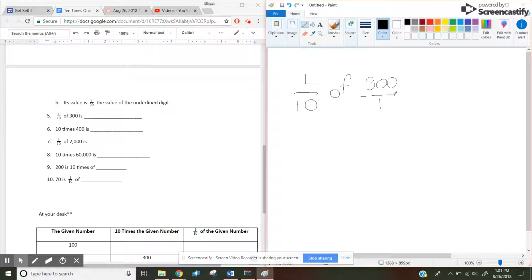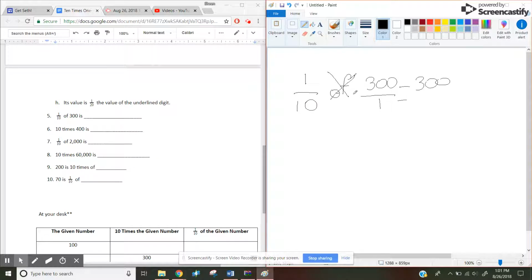So I'm just placing the divide by 1 so I can match the fraction here. Now instead of dividing, we're going to multiply. We're going to multiply the numerator first. Numerator 1 times 300 is 300.